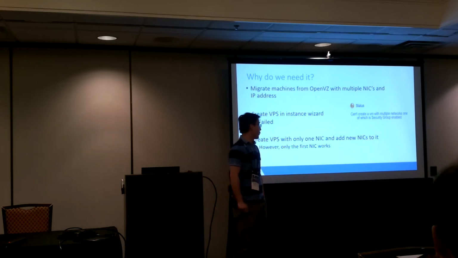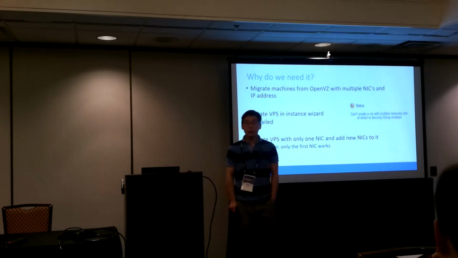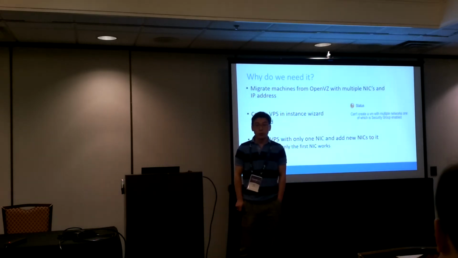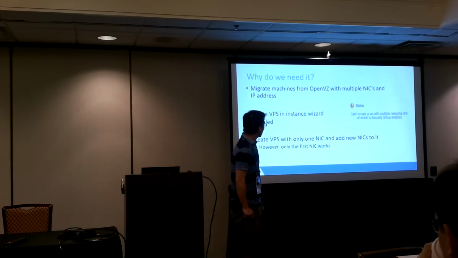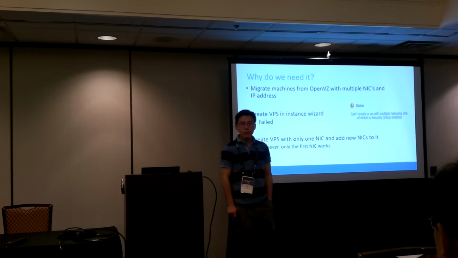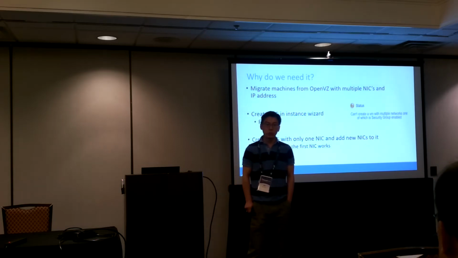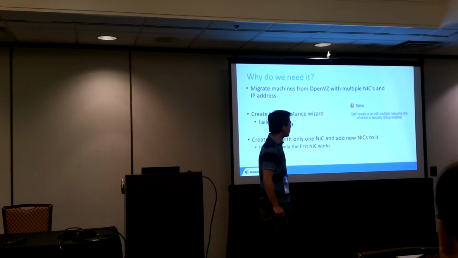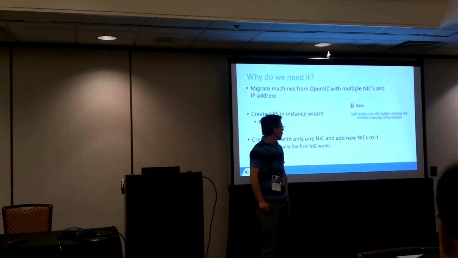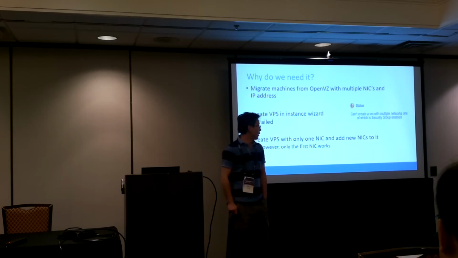When we migrate the containers to our public cloud, where we use an advanced zone with security group, it's not possible to create new VPS in the advanced zone with security group. We got this error: cannot create a VM with multiple networks, of which security group is immutable.